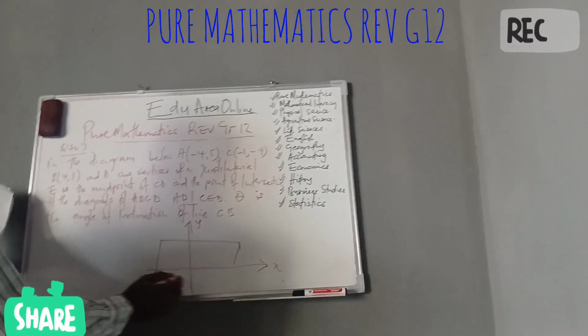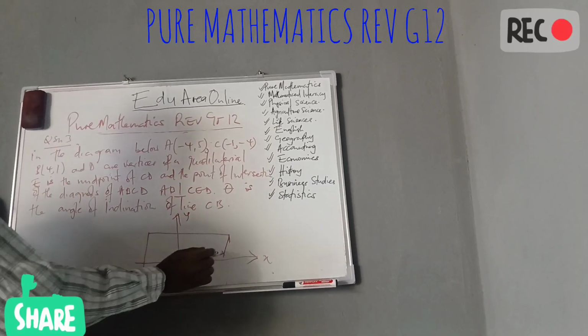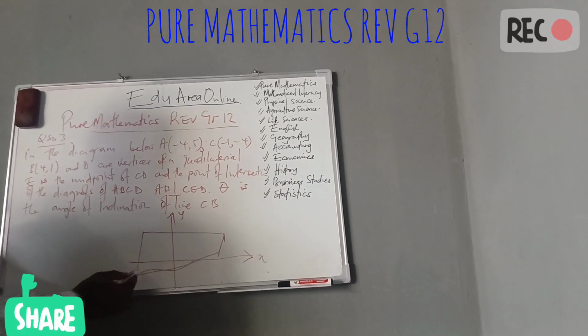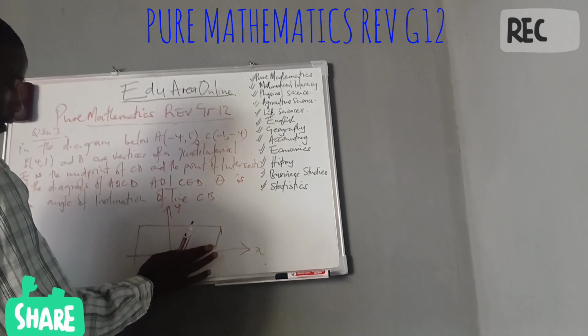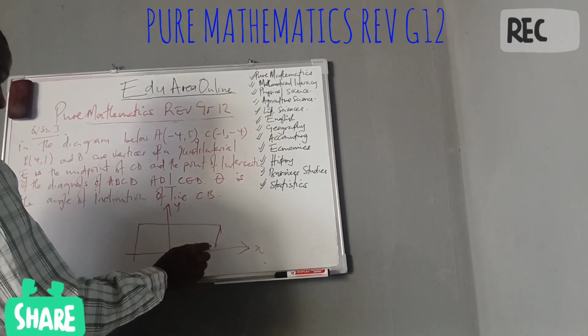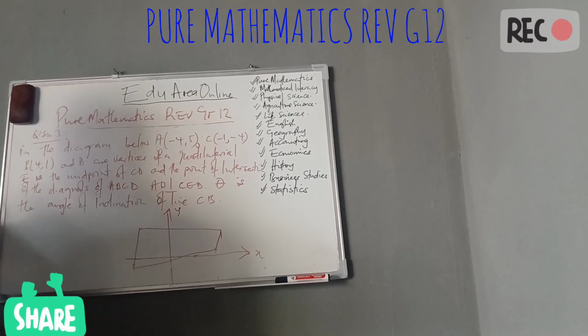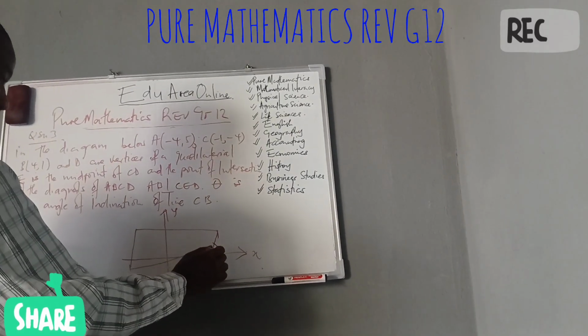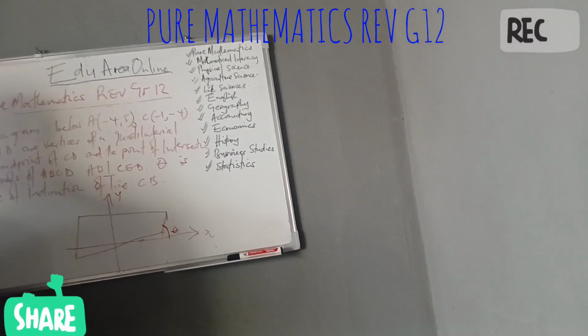Then here it touches that point. So let me remove this one. So I think our diagram looks like this. So this is the angle of inclination that is represented as theta, right?